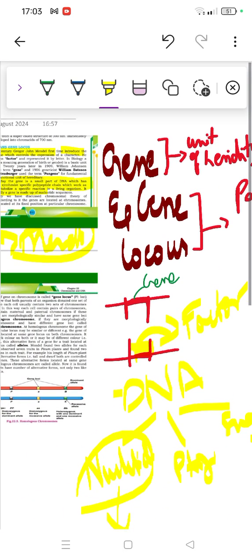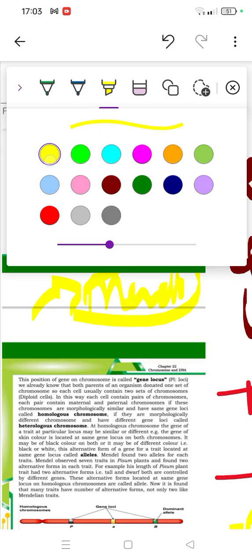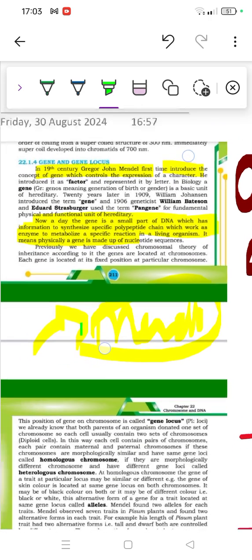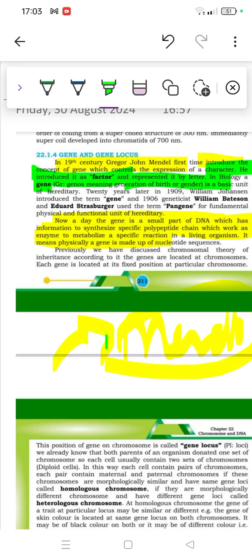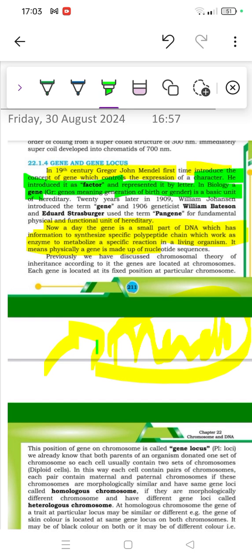So every single part was at the time called a factor, right? It's even written here, he introduced it as a factor because at the time he was not sure about the concept of gene, because no one was accepting him. Later in biology, the name was given as gene. Gene comes from the Greek word genos, which means generation, birth or gender, simply the basic unit of heredity.